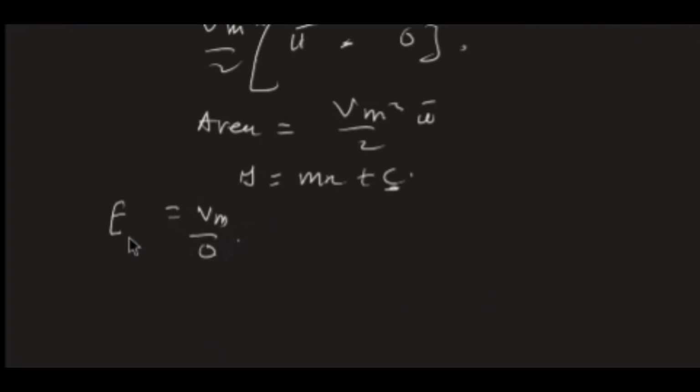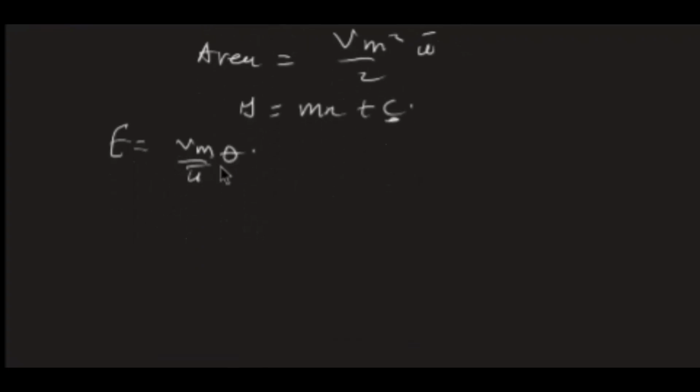So I'm going to have E equal to Vm on pi, then the x now becomes our theta. Now this is our voltage. We have to square this and we get Vm squared over pi squared, then theta squared.